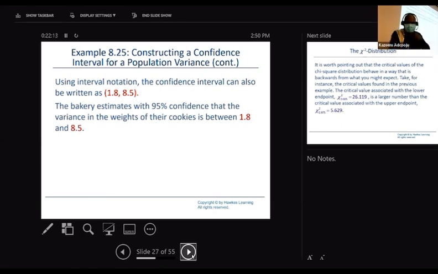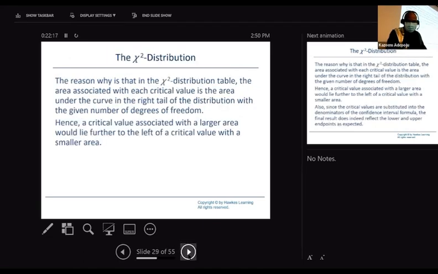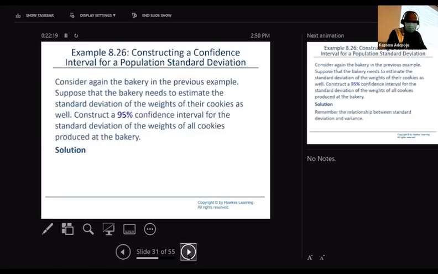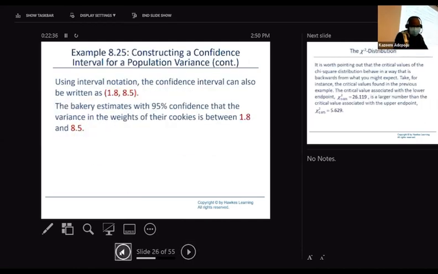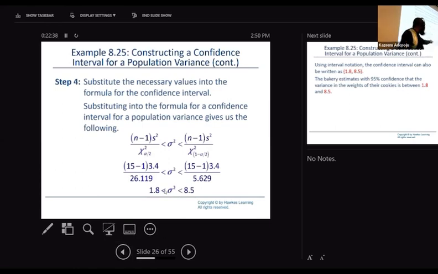Okay. If that is taken, I'm going to go into another example now. The other time we talked about the interval of the variance, but the next example is the interval of the standard deviation. Since it's the same question, this is the interval of the variance.